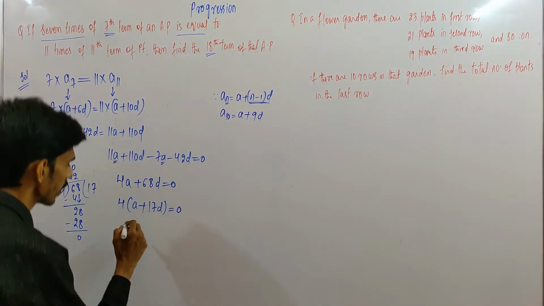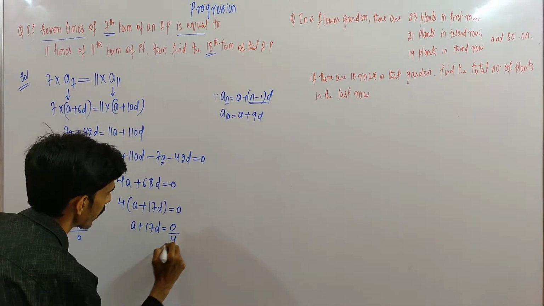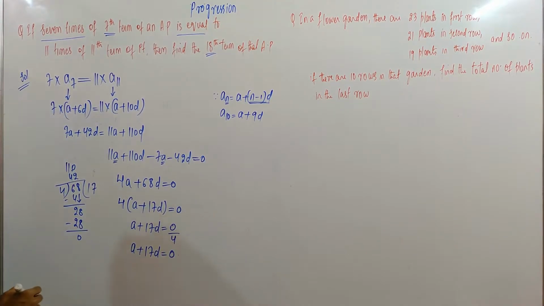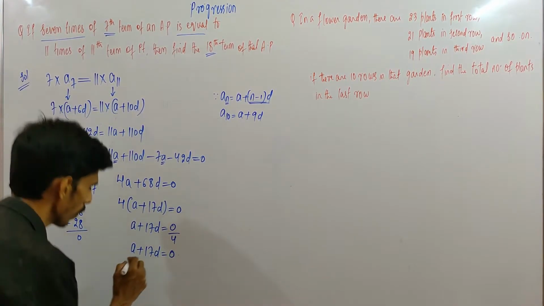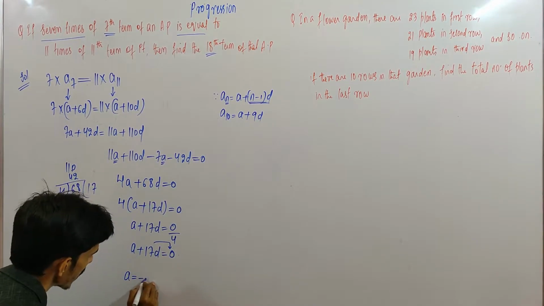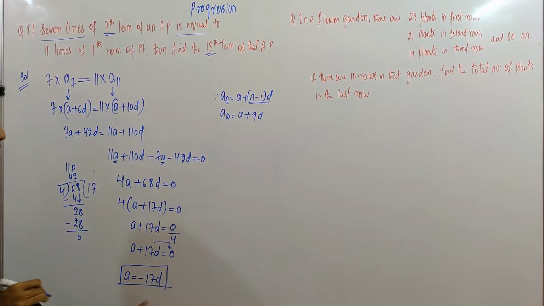Now dividing by 4, a plus 17d is equal to 0 divided by 4, so we have a plus 17d is equal to 0. Now this can be written as a is equal to minus 17d. So we have the value of a as minus 17d.